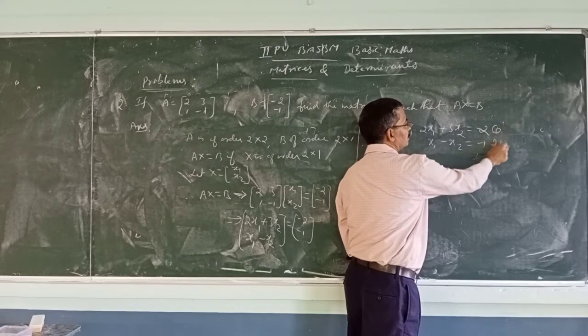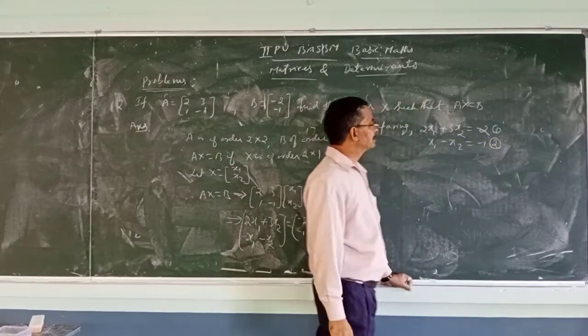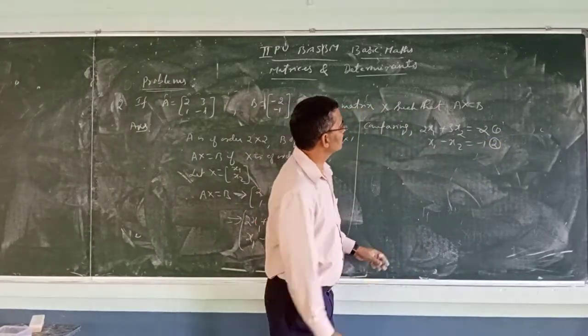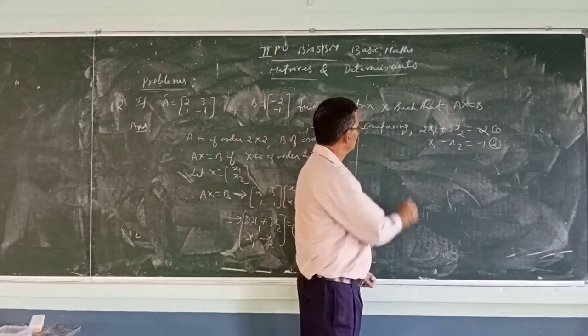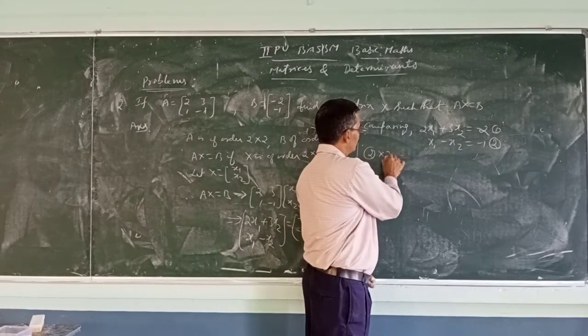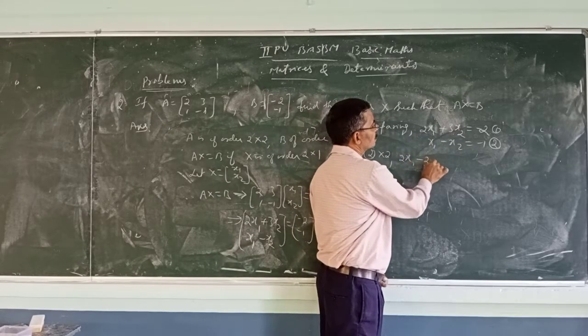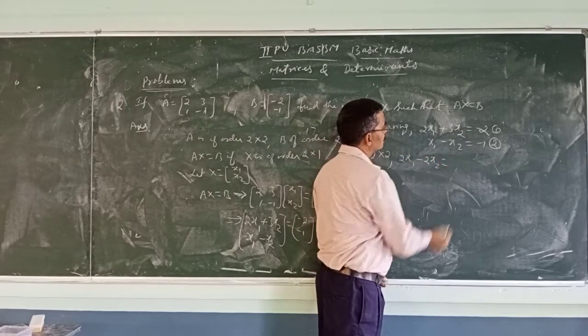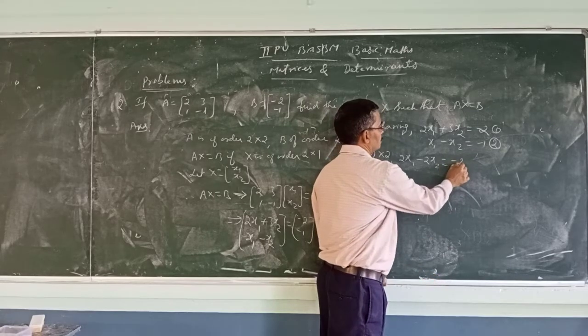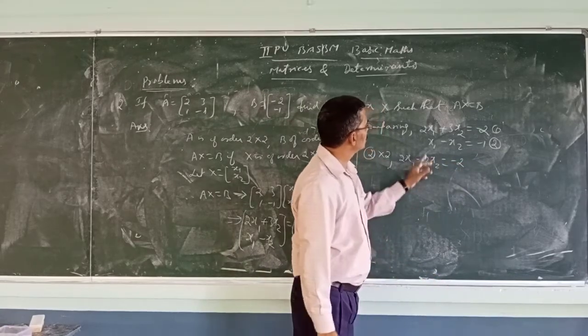Call these equations 1 and 2. You know how to solve. So multiply the second one by 2: 2x1 minus 2x2 equal to minus 2.